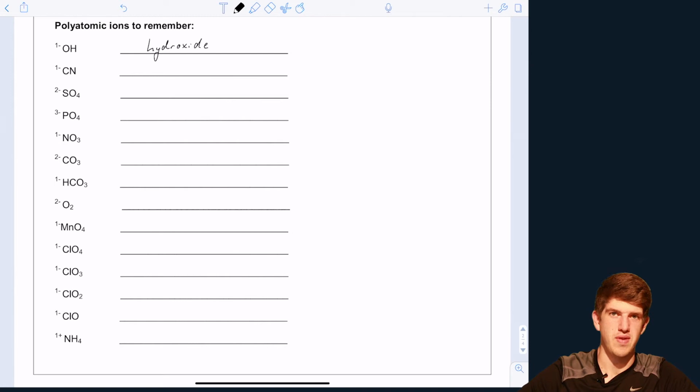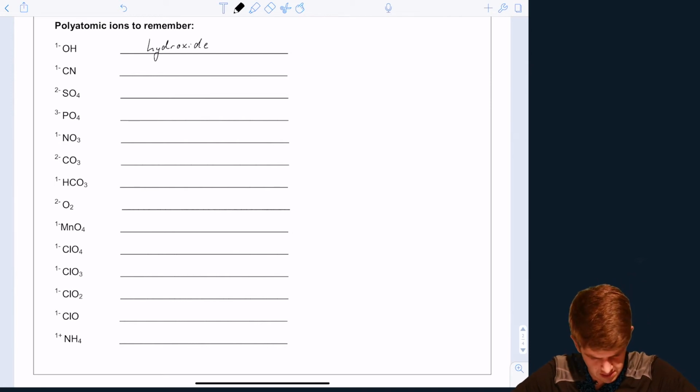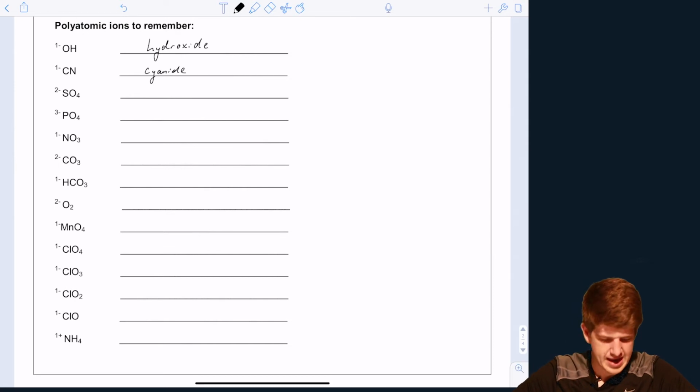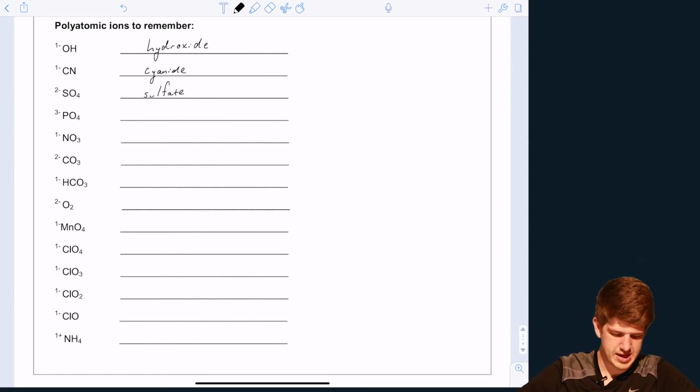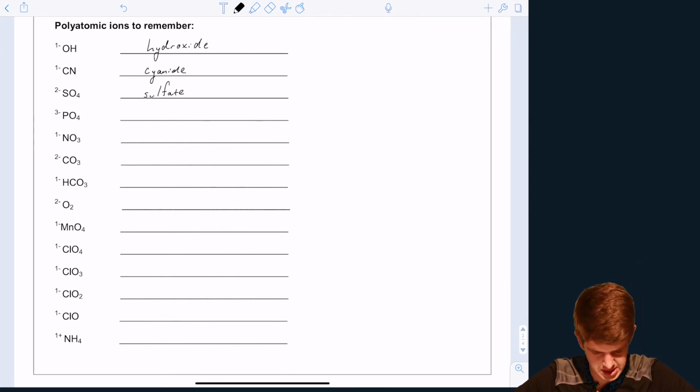CN, you've probably heard of sodium cyanide, so again, it's -1. SO4 is sulfate, -2. PO4 is one of the only ones that you really have to see. It's actually the only one on this list that has a -3 charge. Everything else that's anionic is -2 or -1. So phosphate.